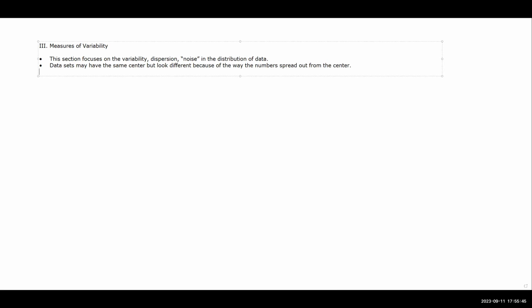Data sets may have the same center, but look different because of the way the numbers are spread out from the center. What do I mean by that?